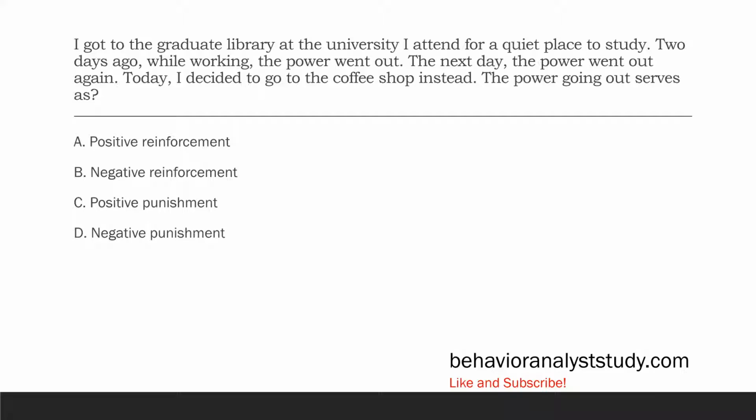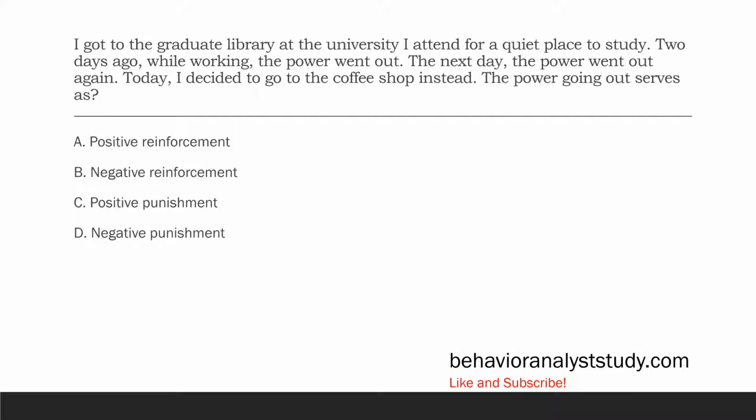Well, first, we're going to ask ourselves, did a behavior change? And it did, right? I used to go to the library. Now I go to the coffee shop. Did my behavior increase or did it decrease? Well, the behavior of going to the library, which is the behavior that is experiencing the consequence, is decreasing.